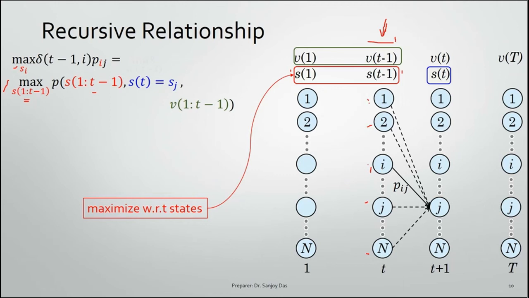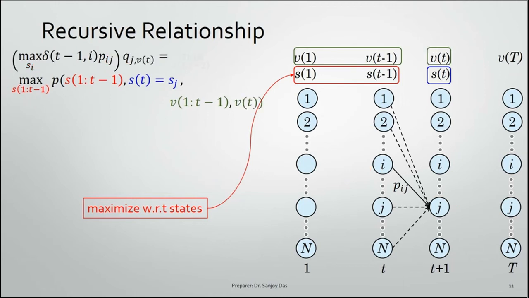So now let's multiply this on both sides with the emission probability. The current step is t, and suppose we multiply by the emission probability of Vt given the current state Sj. What do we get? So here I multiplied both sides with the emission probability.